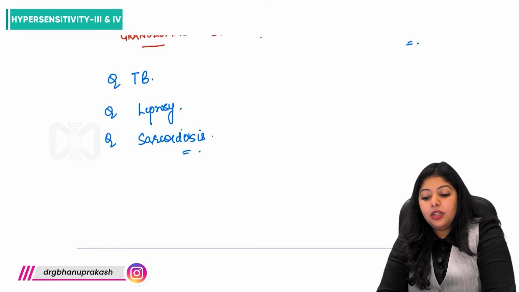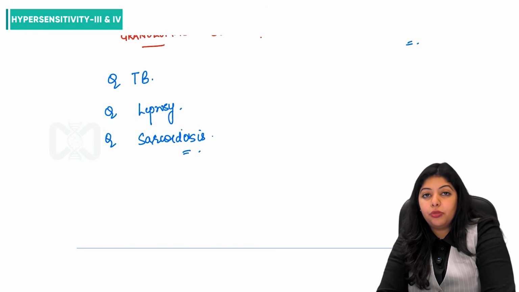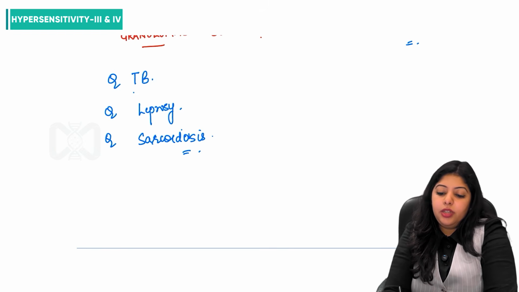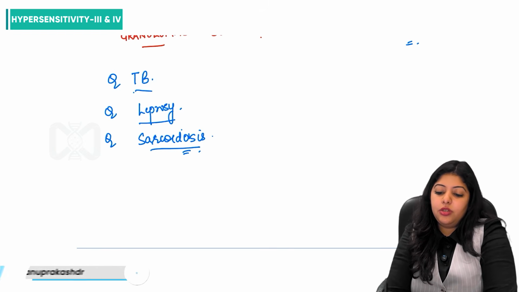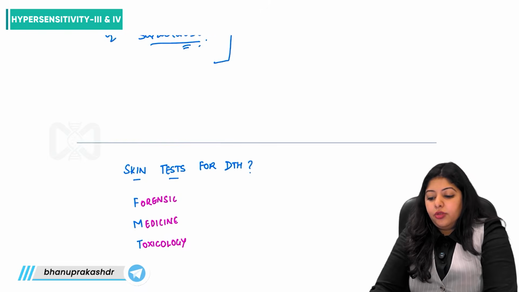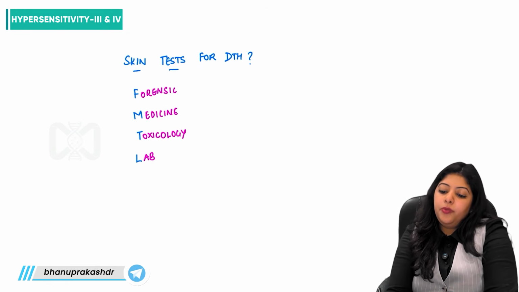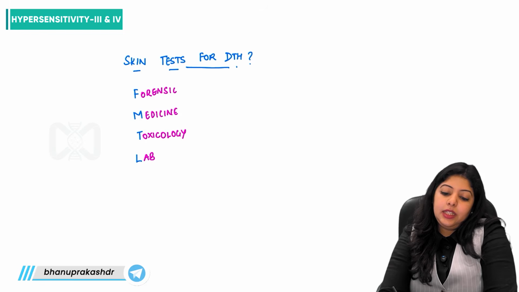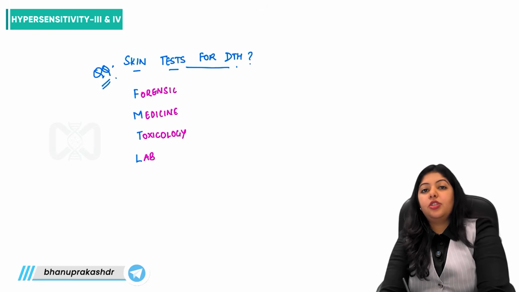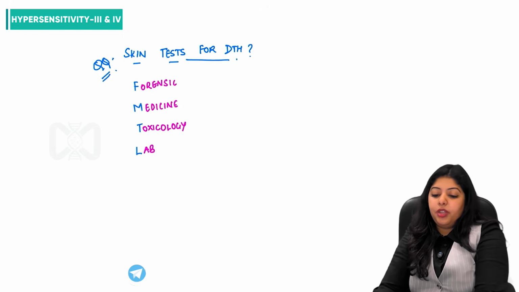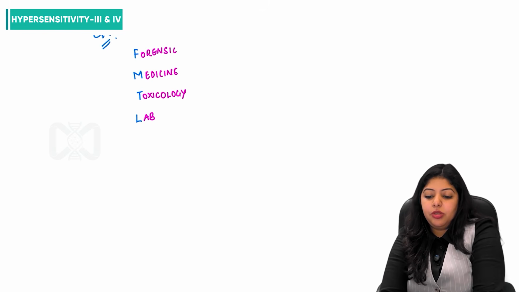So these are the conditions where we can see these multiple granulomas, right? So all these are asked as questions. So now moving on to the skin test for delayed type of hypersensitivity reaction. Again, a question which is very, very favorite among examiners.